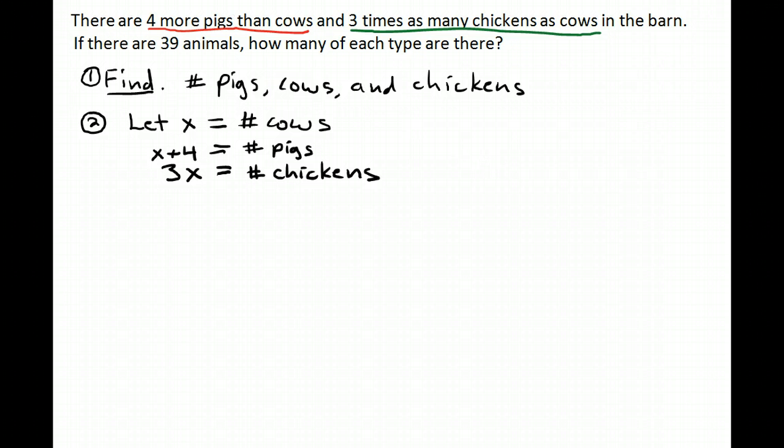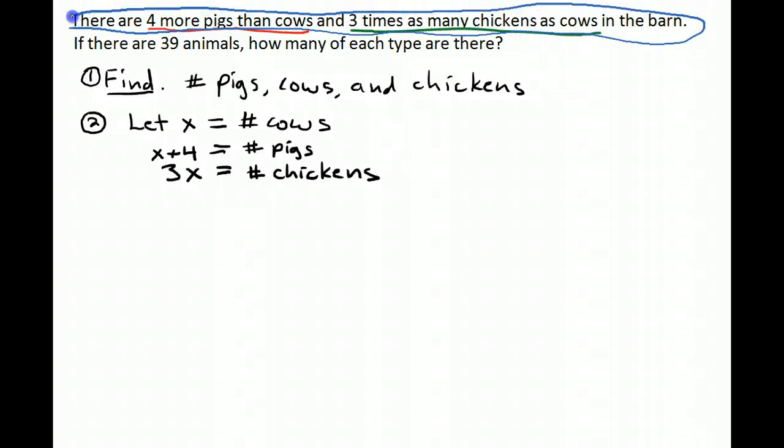Now, I need to use what I haven't used yet. I used the first statement to get my let statements. So all of this was used to find my let statements. So what I need to do is use this other sentence right here to come up with my equation.